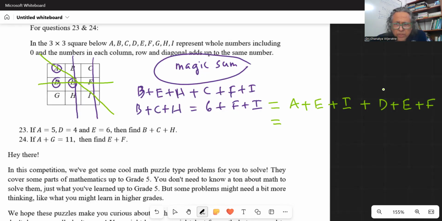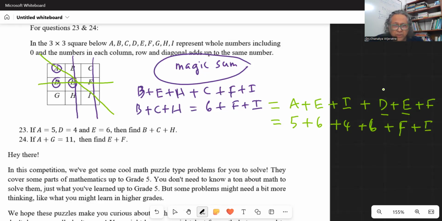So A is given, which is 5, and E is given, which is 6. And there's an I, so remember, okay? And there's a D here. So D is actually 4, and E is 6, and then there's F plus I. So what do we get?